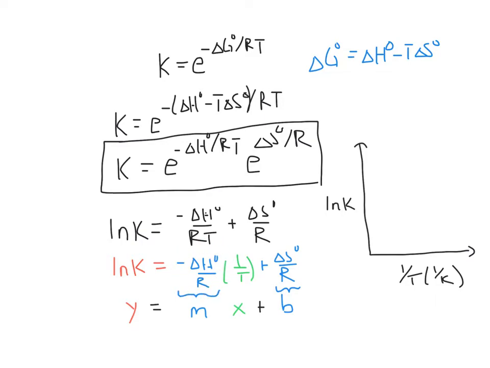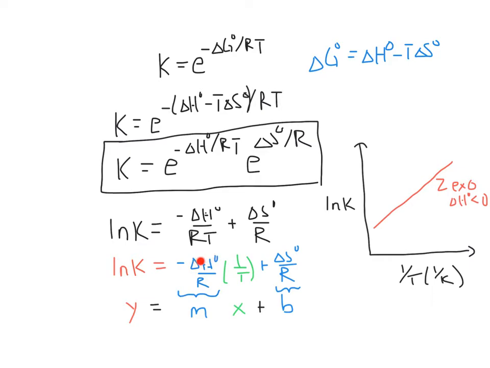So if our reaction is exothermic, then delta H will be negative, and minus a negative will be positive. So we will have a positive slope if we have an exothermic reaction. So when delta H naught is negative or less than 0, that's an exothermic reaction.